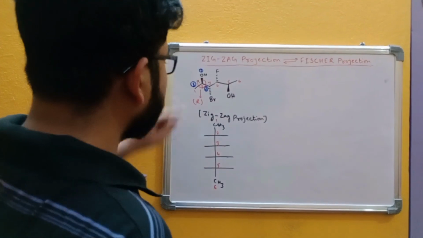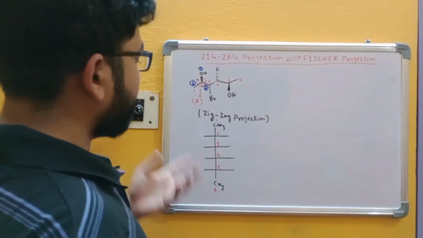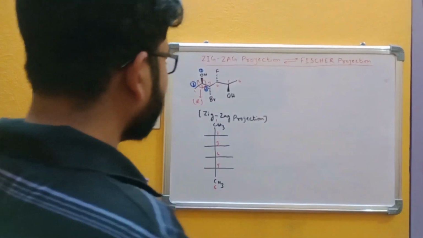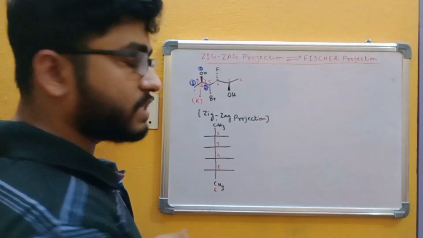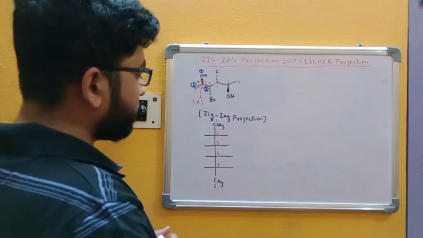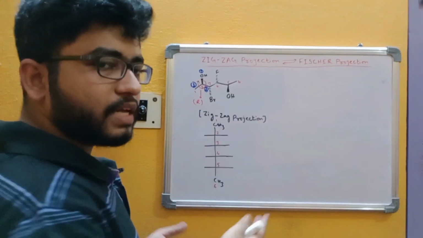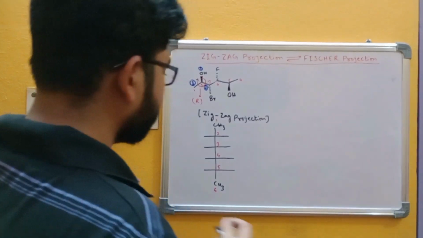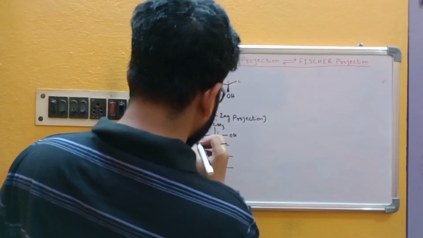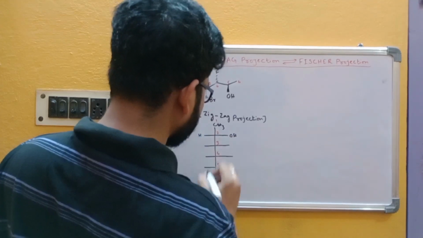Now notice, in 2 numbered carbon, the absolute configuration was R. So we have to place the OH group in such a way that in Fischer projection also, the absolute configuration of 2 numbered carbon is retained, that is R. So if we draw OH here, then here will be H.